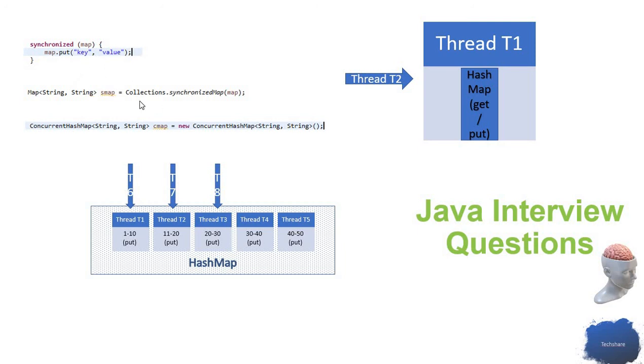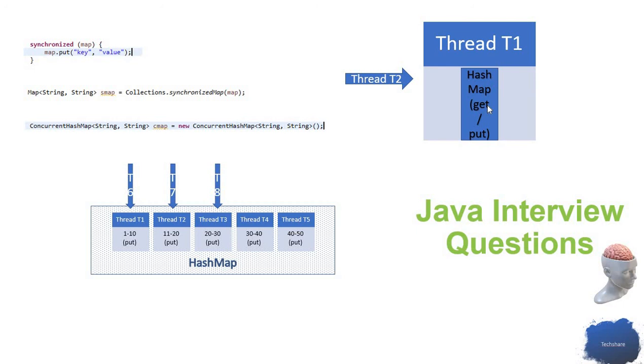So what happens in these two? That is shown in this picture. Let's say I have a HashMap, and thread T1 is trying to get or put data into the HashMap. It gets the lock on this object.